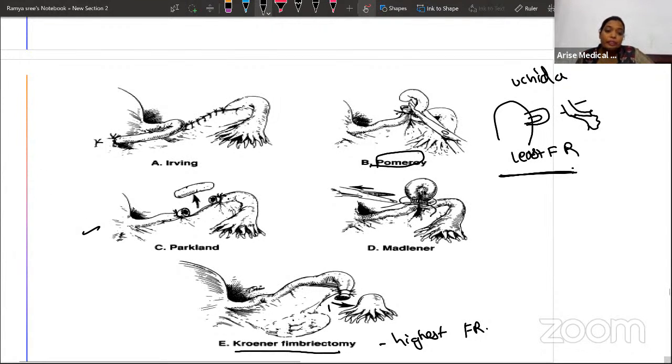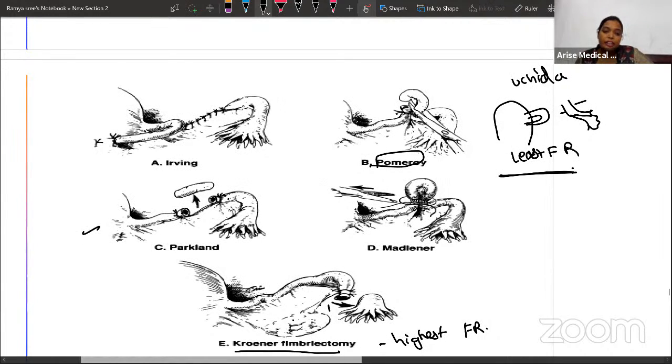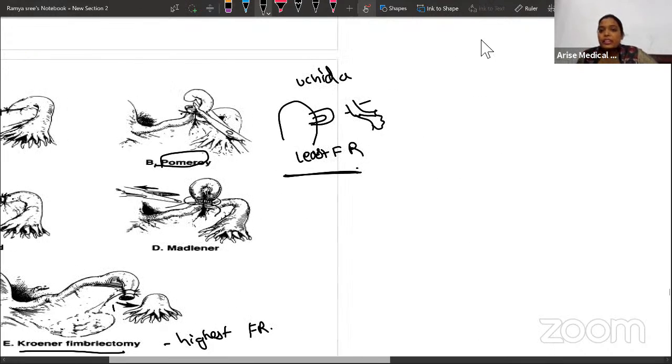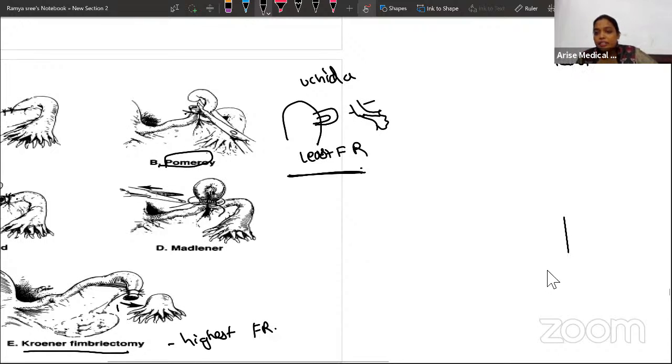Okay. So if I have to grade the methods by their failure rates, from least to highest: the least failure rate is Uchida, followed by Irving, followed by Pomeroy.